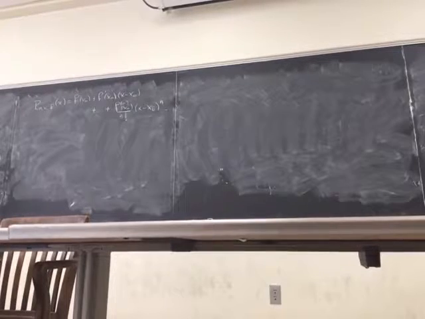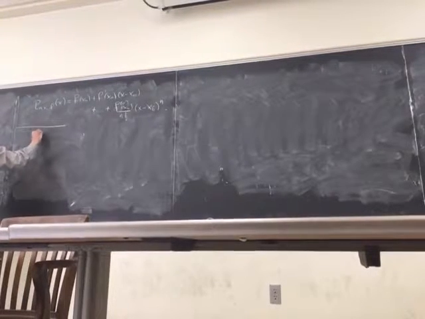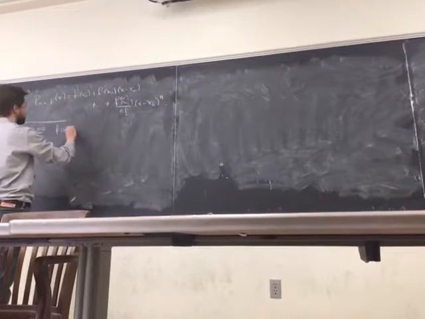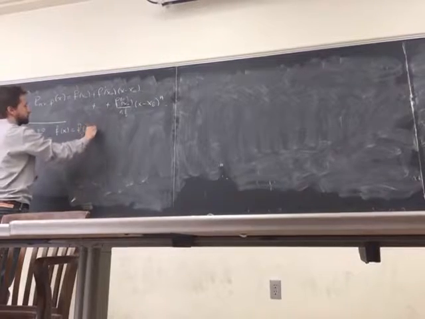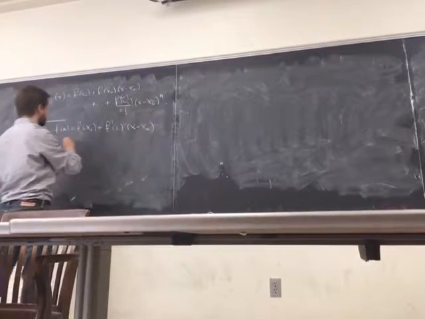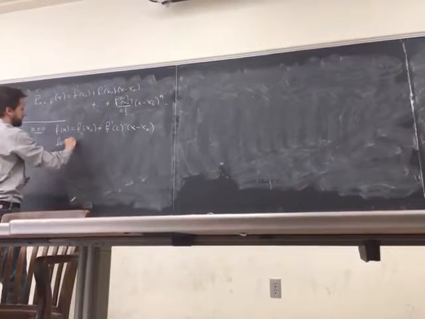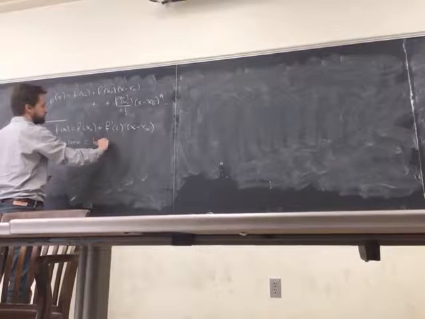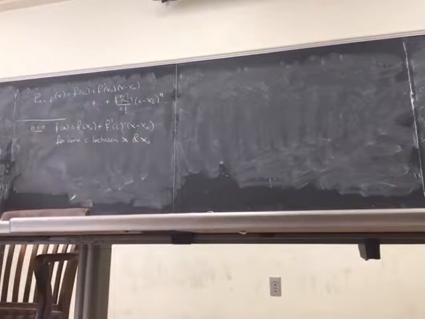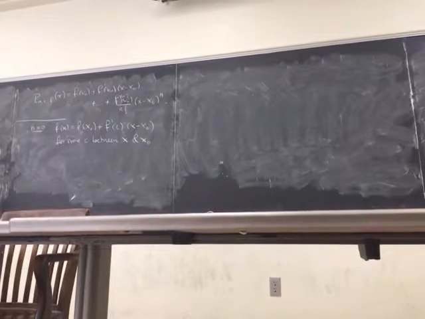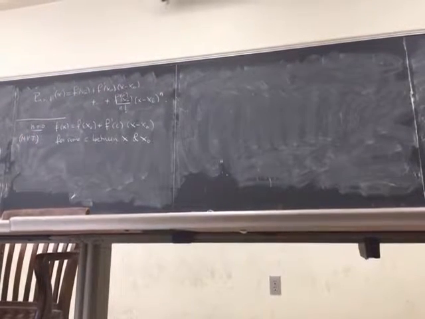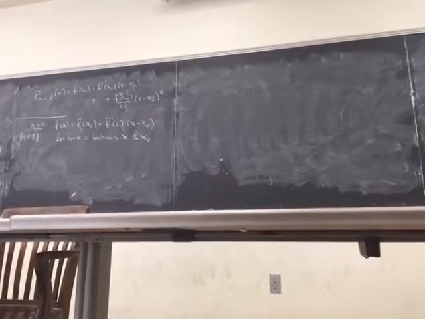So for example, the case n equals 0, what you're saying is that f of x is equal to f of x naught plus f prime of c times x minus x naught, for some c between x and x naught. And this would be the mean value theorem, right?